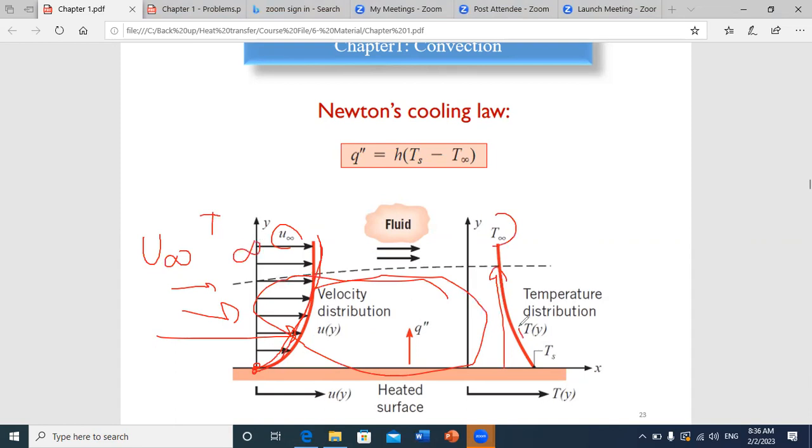You can lump what is happening here into one equation, stating that the heat convected out from the surface will be calculated by h, which is a convection coefficient determined experimentally, times ΔT. And in case you want to find the rate, you just have to multiply by the area.